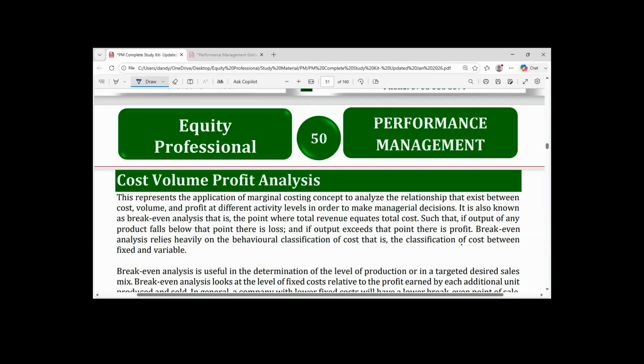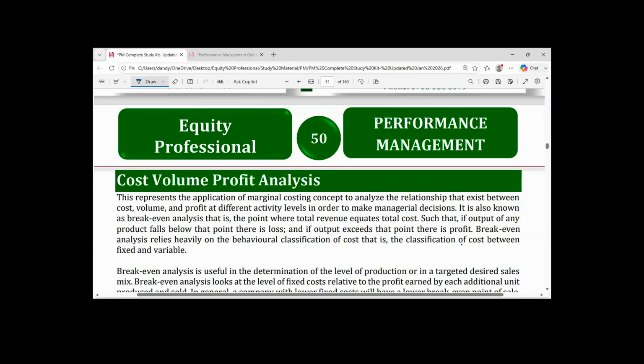Simply put, contribution margin represents the difference between total sales and total variable cost. It can also be defined as the difference between selling price and variable cost per unit, or the summation of fixed cost and profit.